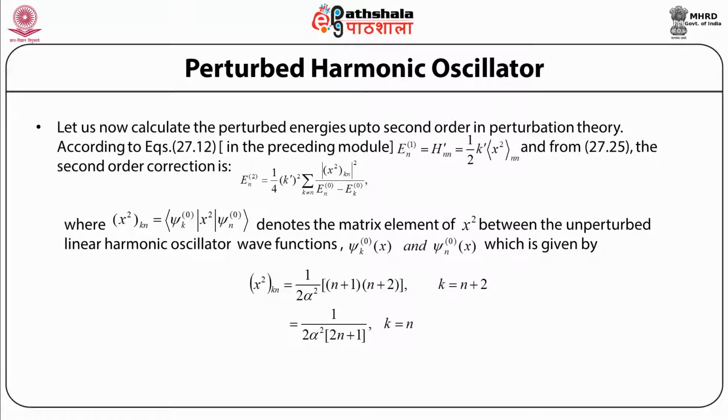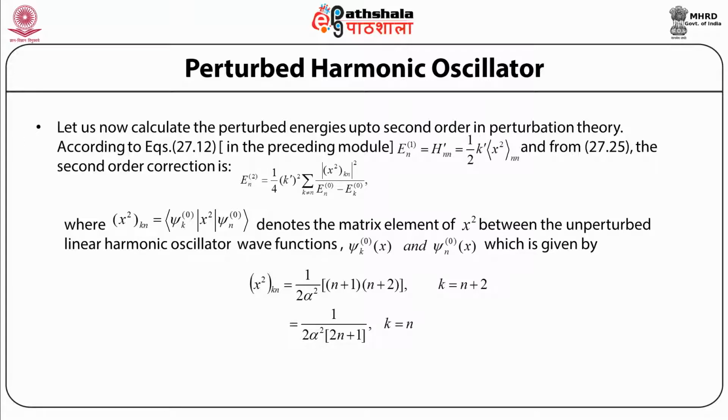According to equation 27.12 in the preceding module, En1 equals H prime nn, which equals half of k prime and the expectation value of x square in the state n.